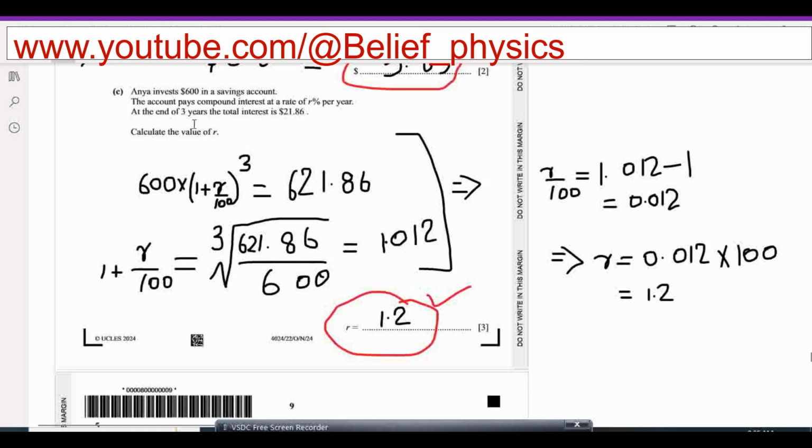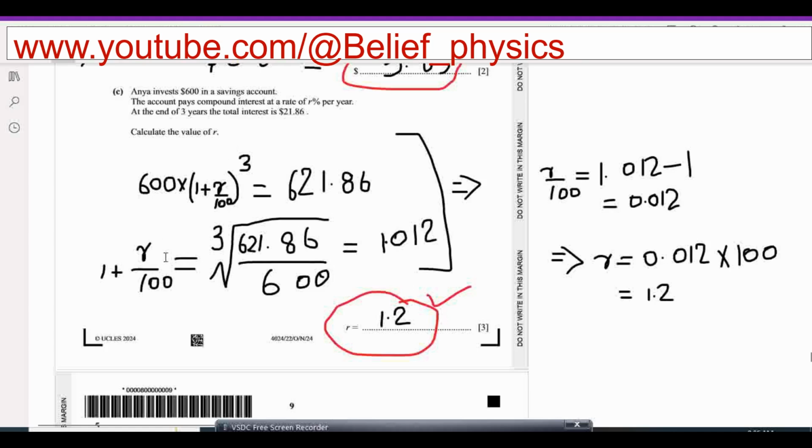The number of years is 3, so it is equal to the final value, 621.86. Okay, we have to solve this equation to find R. First of all, shift this 600 to this side; it will divide. So we get (1 plus R over 100) to the power 3 is equal to 621.86 over 600. In order to find R, we have to take the cube root. When we take the cube root, this 3 is cancelled.